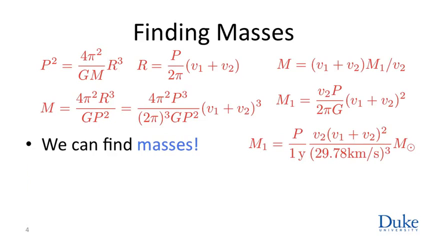Spectroscopic binaries or other binary stars are a way to measure masses. This is why it's so useful.